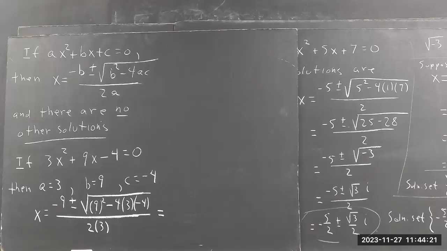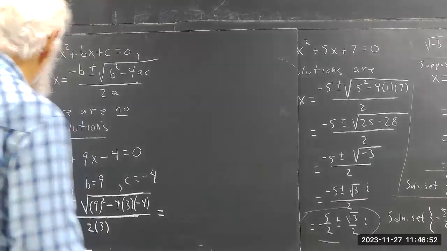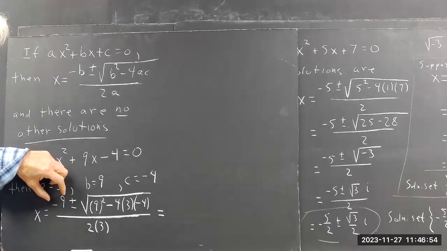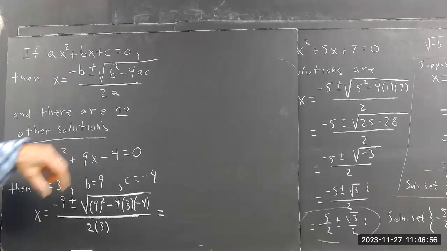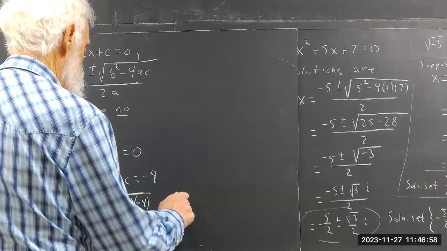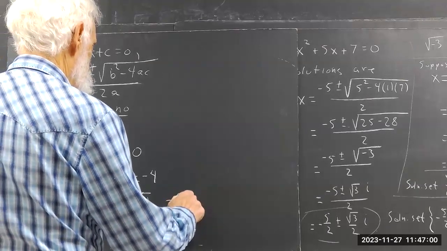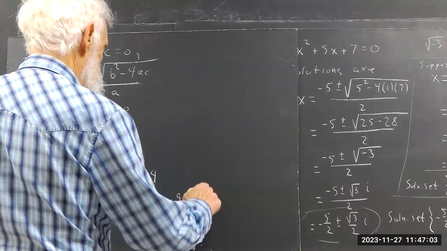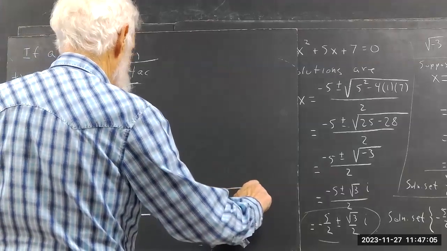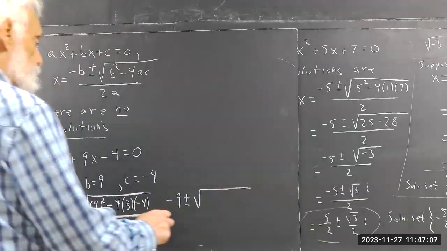And don't do the square root at this point. We'll do it in a minute, but write it without taking the square root. In other words, keep the radical sign there. Okay, so we did real well there. The -9, we're not going to do any arithmetic on the -9 yet. Now 9 squared is 81.